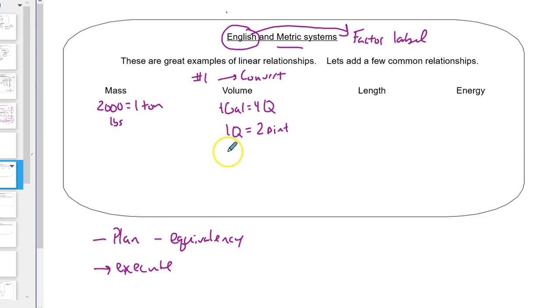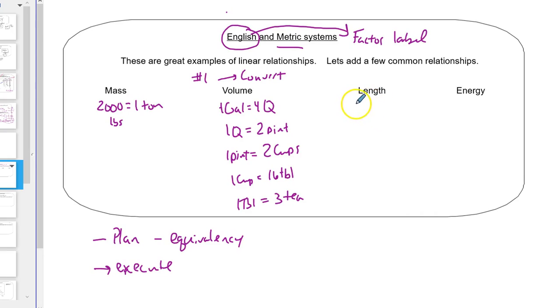1 pint equals 2 cups, I believe. And then 1 cup is 16 tablespoons, TBL. And 1 tablespoon equals 3 teaspoons. Length.